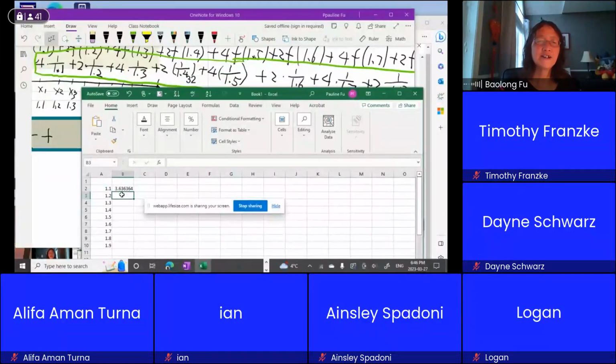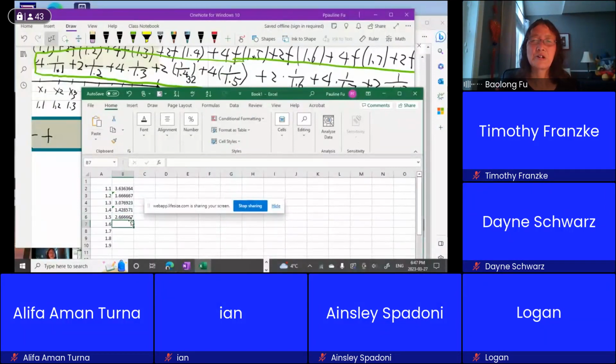And the second item, I need to do 2 times 1 over this number. And the next time, I need to do 4 times 1 over this number. Next time, 2 times 1 over this number. Next time, 4 times 1 over this number.